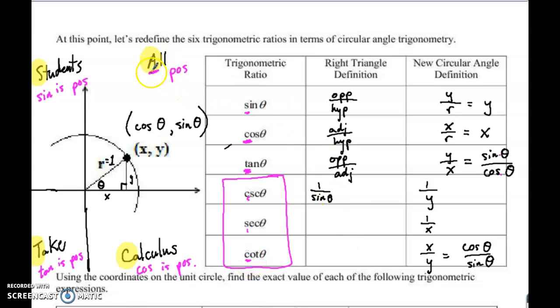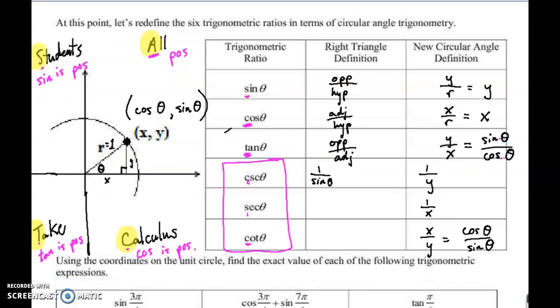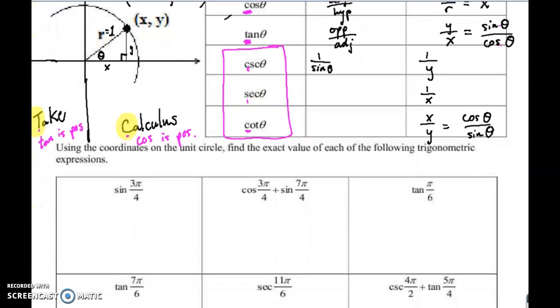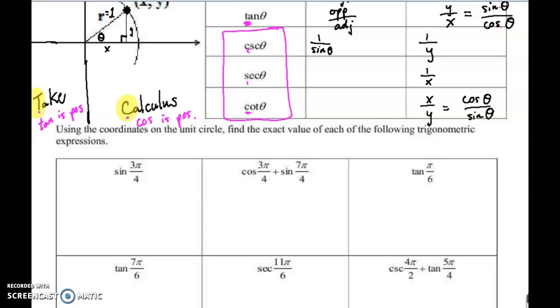I've heard other acronyms, by the way, like Alvin, Simon, Theodore, Chipmunks. I don't really want to say the other ones that my students have come up with, but I'm sure you could Google different things, or you just memorize this unit circle, but that's a quick way to reference each one of those.